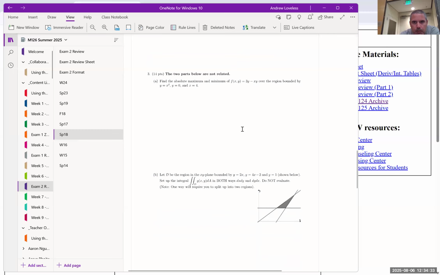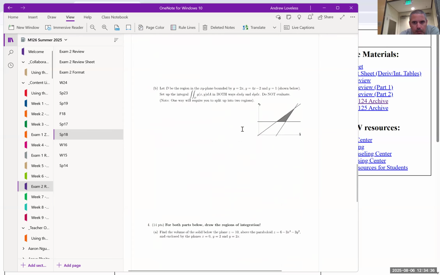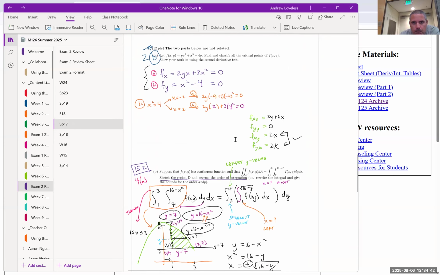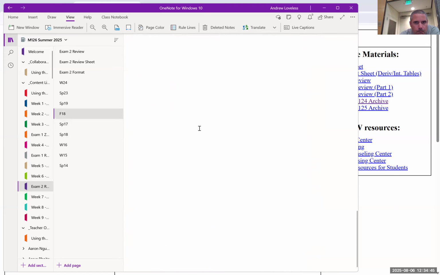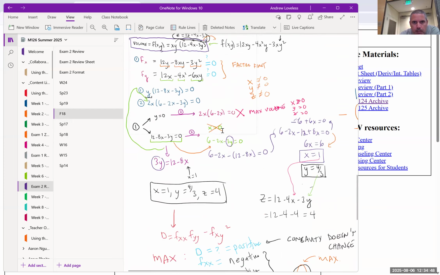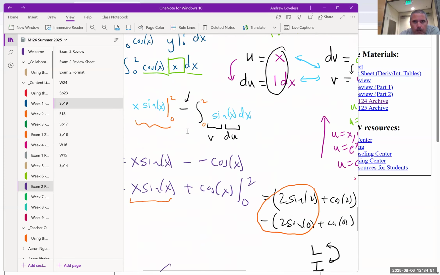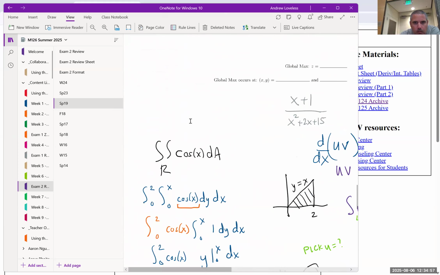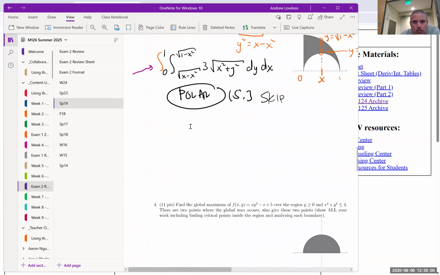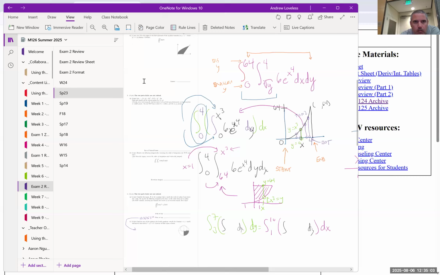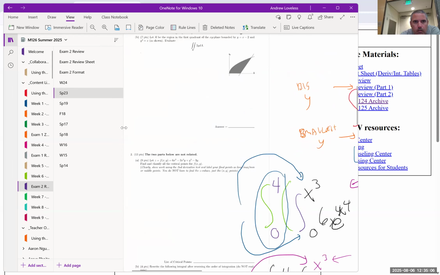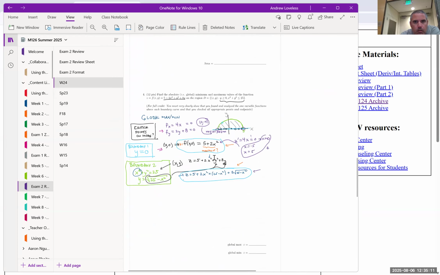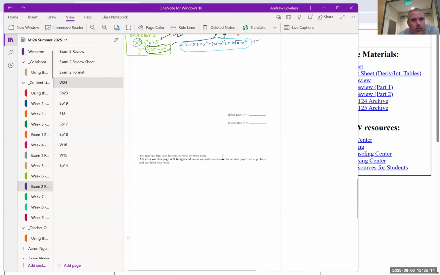Partial derivatives, find and classify critical points, set up the bounds for a region. So yeah, this is the one, but we did that one today. Let me see here. Okay. It's probably like storage.